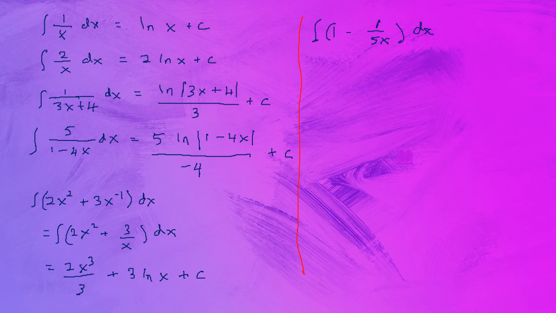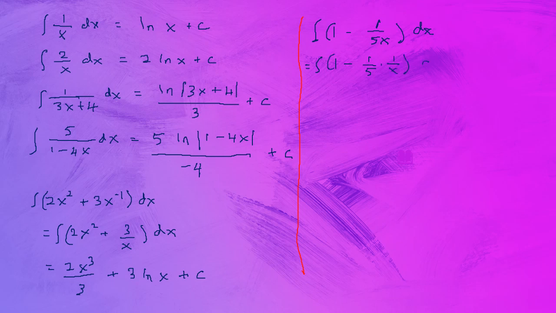Alright, next integrate 1 minus 1 over 5x. So integrate 1, we will get x. Integrate 1 over 5x, we will get ln, because we have 1 over x here. But we can also write this integration as 1 minus 1 over 5 multiplied by 1 over x.